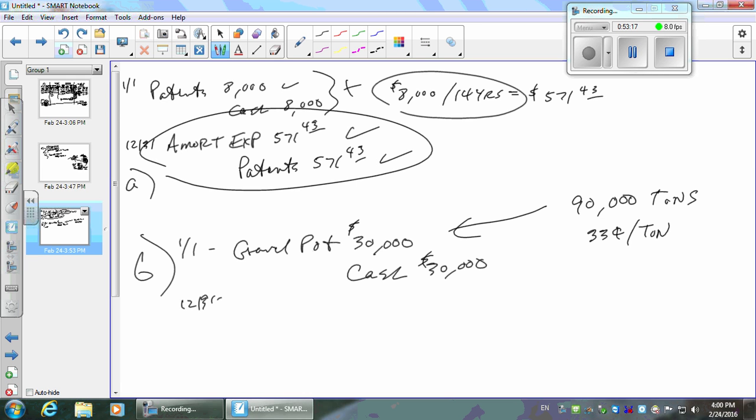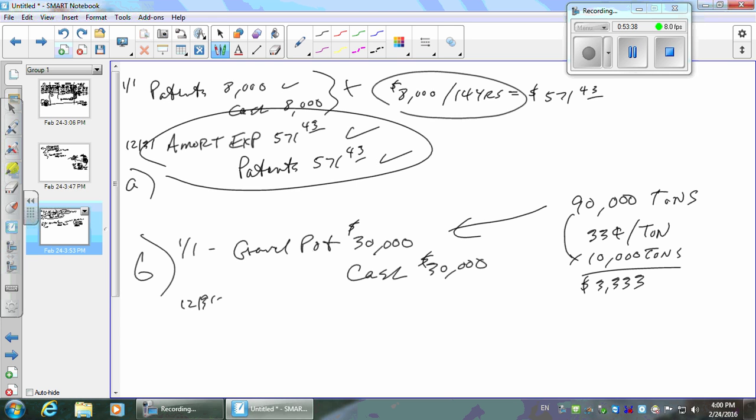So if they took out 10,000 tons, what is it? 33 cents, okay, that's what they do. Or what you could say is, well, it's 1/9, so 1/9 of 30. I think that gives you the same number.